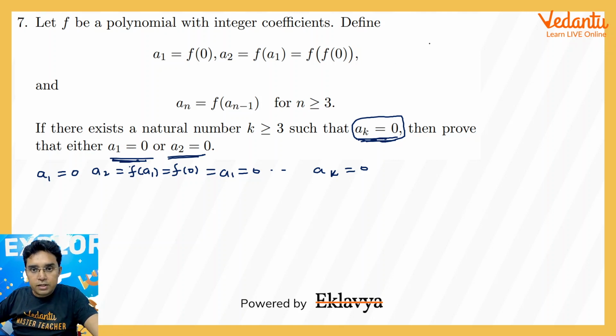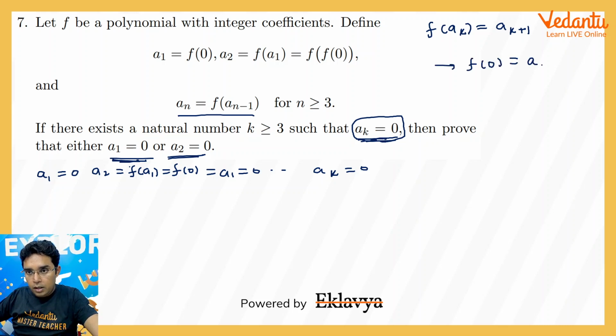Now to do this, suppose we are given ak is equal to 0, then f of ak will be equal to ak plus 1 from this definition. And because ak is 0, this f(0) will be equal to ak plus 1, but f(0) is a1, so ak plus 1 becomes equal to a1.